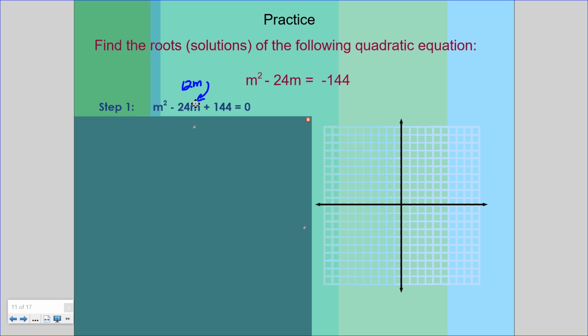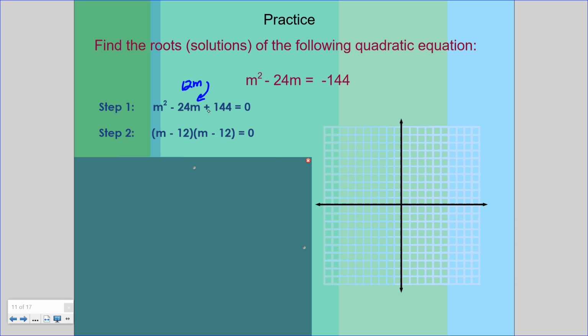So this is a perfect square trinomial, which means it very quickly factors to the square root of m squared and then the square root of 144, both with the sign of the middle term.